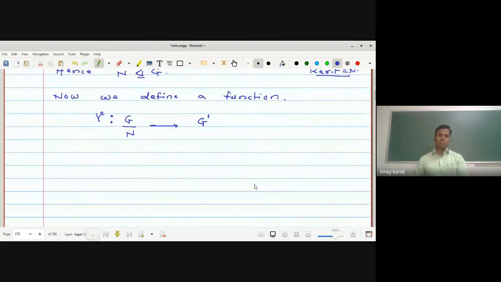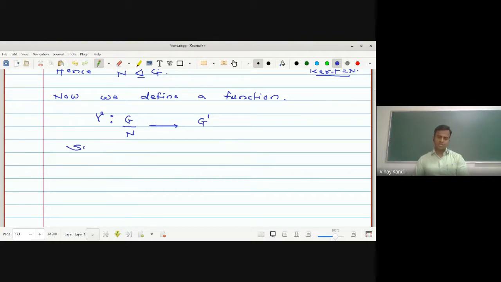Because we have to prove that G by kernel of f, that is G by N, is isomorphic to G dash. Here gamma is the function from G by N to G dash. If this gamma is one-one, onto and a homomorphism, then G by N is isomorphic to G dash.